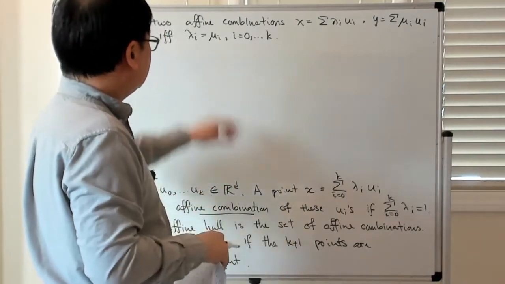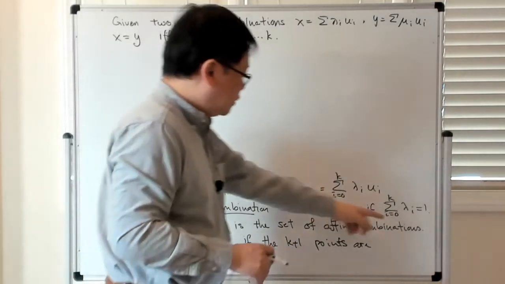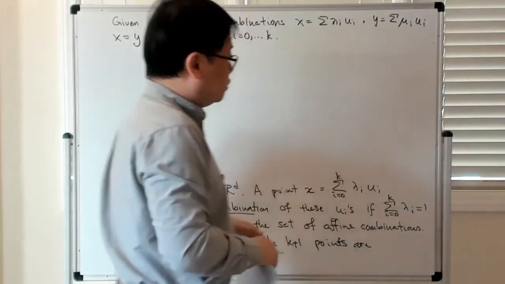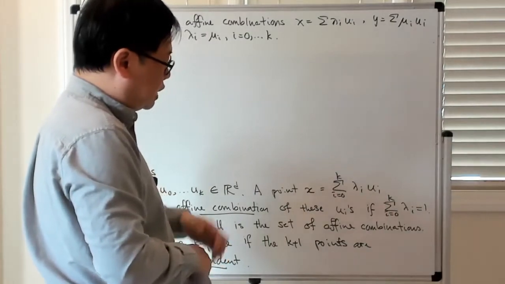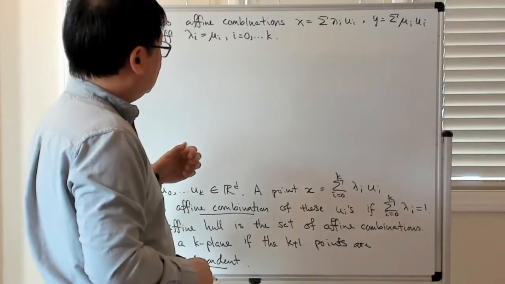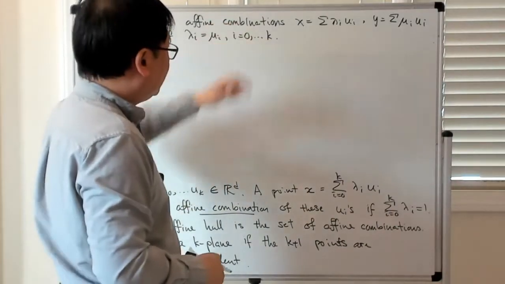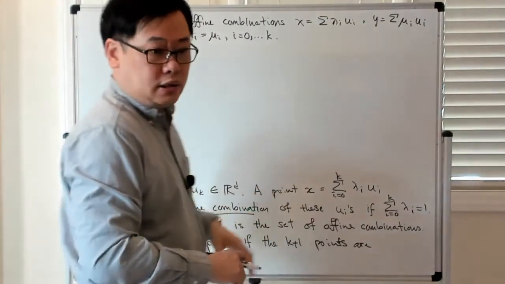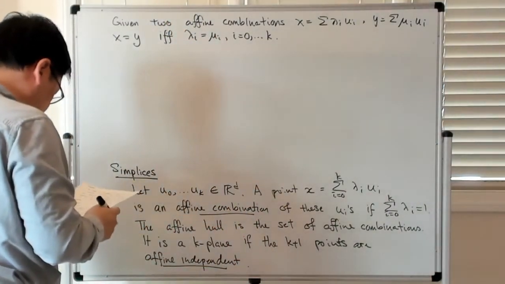You can't really do this in the affine setting because you have the constraint that the sum of the coefficients is 1. So that notion of linear independence doesn't really apply here, but this idea of unique representation still holds.